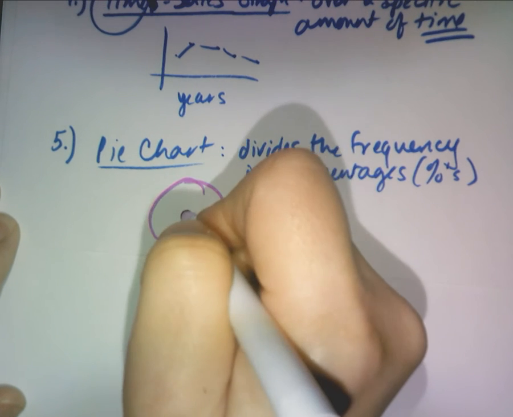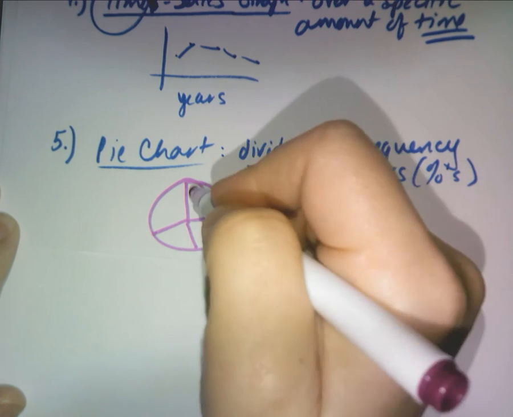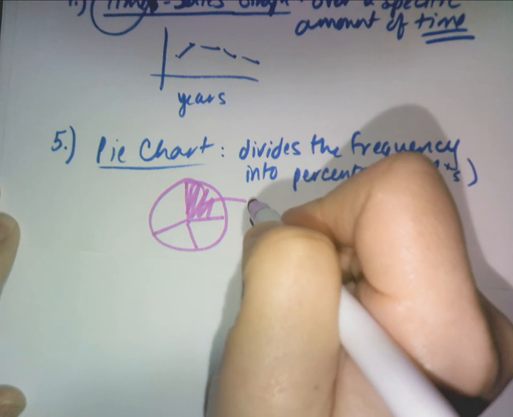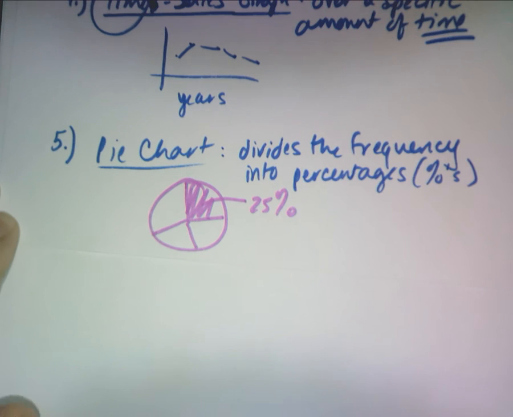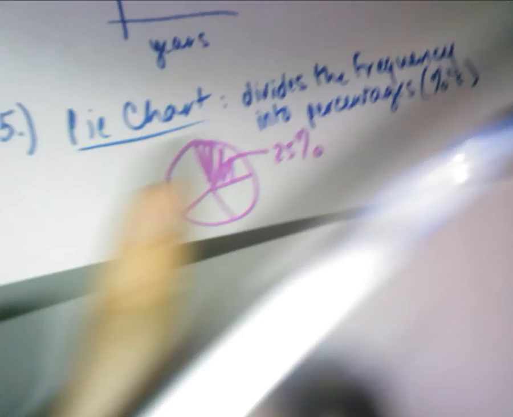We're actually going to draw the circle with compasses. We're going to break everything down, and then you'd be like, this is 25% of my frequency, located right here in the people who love chocolate category or whatever. Very easy to do. We'll do that tomorrow because they take a little bit of time. You'll do one of them, and then after that, I think that would be it pretty much.